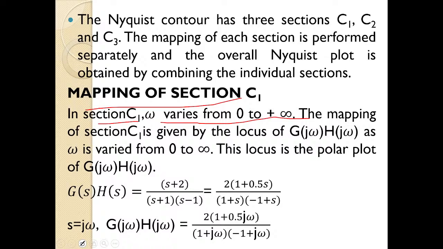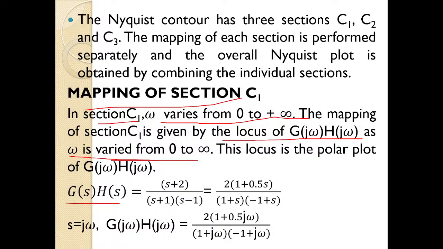So consider the locus g of j omega, h of j omega, where omega varies from 0 to infinity. What you have to do is simply take g of s, h of s, and since it is in the form of s plus 2, s plus 1, s minus 1, convert that into 1 plus sT form.